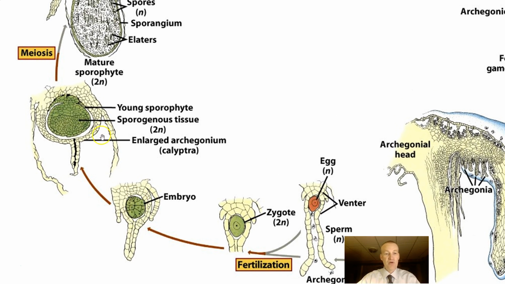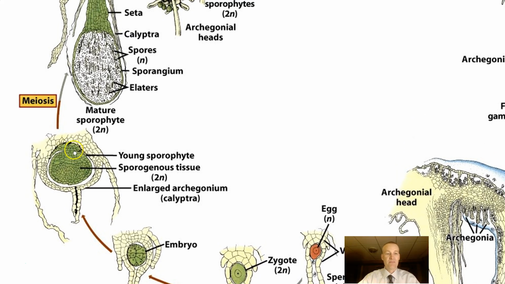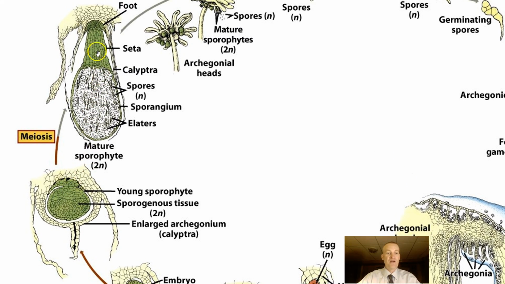The embryo is going to have sporogenous tissues that will undergo meiosis to produce spores. So meiosis is the reduction division. Remember, to produce spores, you have to go from diploid to making haploid structures, and so they have to undergo meiosis to do that. That sporophyte will grow, and you can see down here that the sporogenous tissue is undergoing meiosis to produce spores.